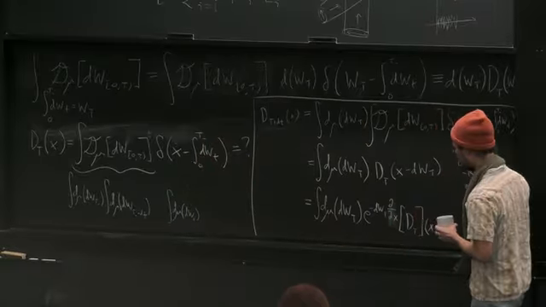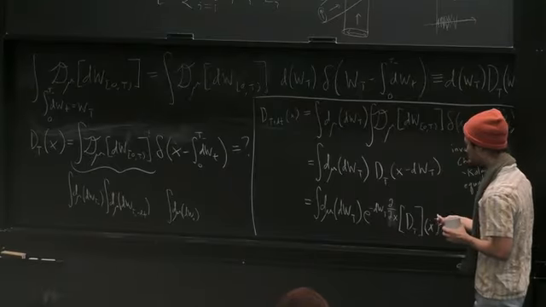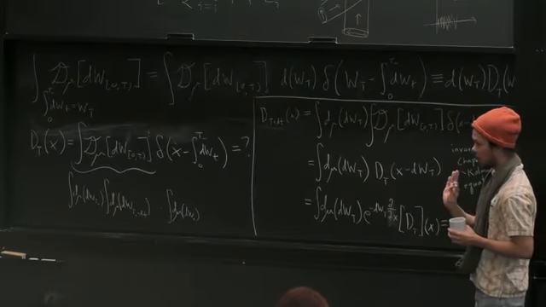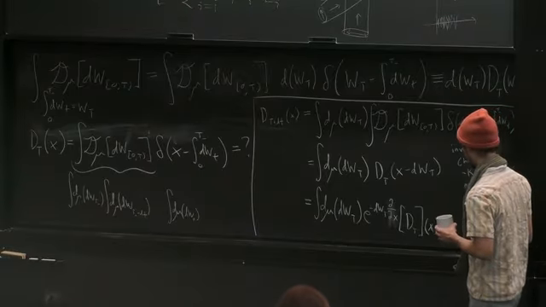And what is it? dW_t is a zero mean Gaussian random variable.